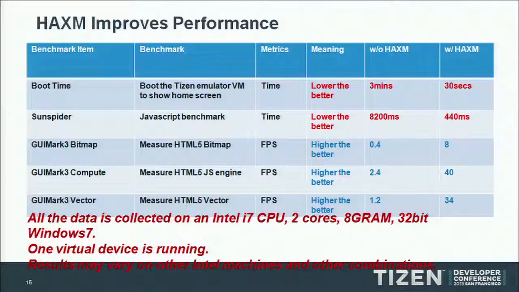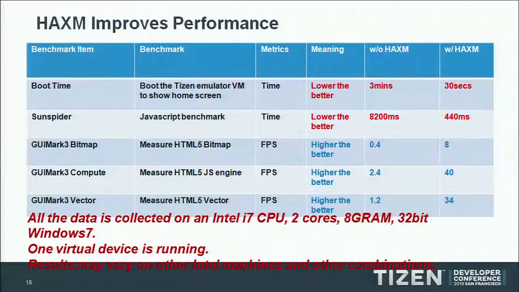So the results may vary depending on the different Intel machines and other combinations. Let's see some of the data. The left column is the benchmark items. We have at least 5 items there.